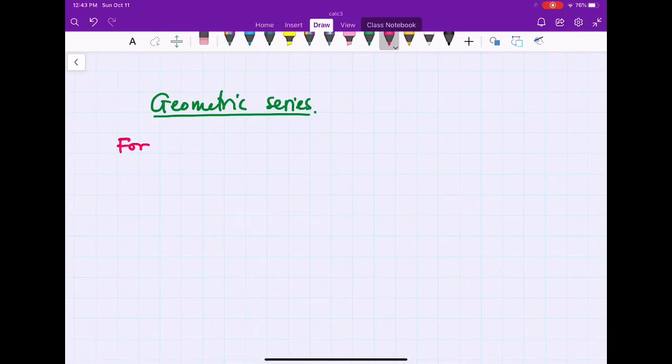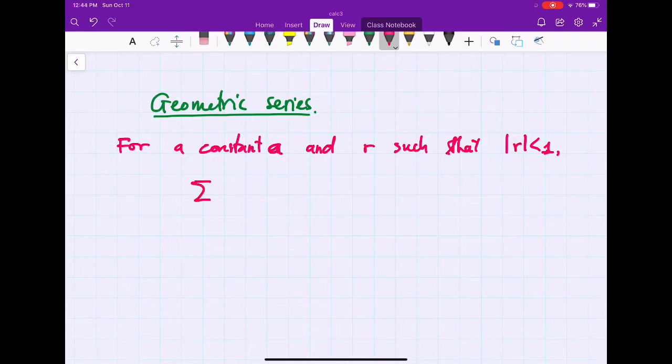For a constant a, and r such that the absolute value of r is less than 1, we have the following formula: the sum of n from 0 to infinity of a r^n equals a over 1 minus r. All right, so let's talk about this formula. Firstly, index n runs from 0 to infinity.